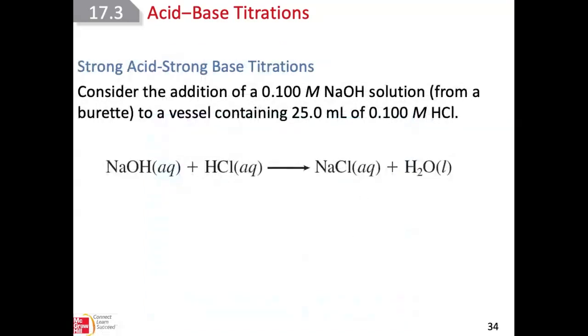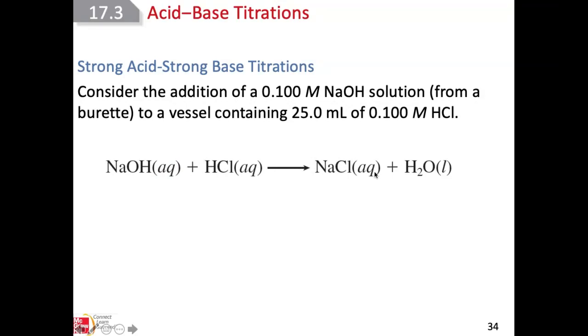So now let's take a look at this. Let's say we are adding 0.1 molar NaOH solution from a burette to a vessel, a beaker or Erlenmeyer flask, which has 25 ml of 0.1 molar HCl. We will be writing a chemical equation for that.